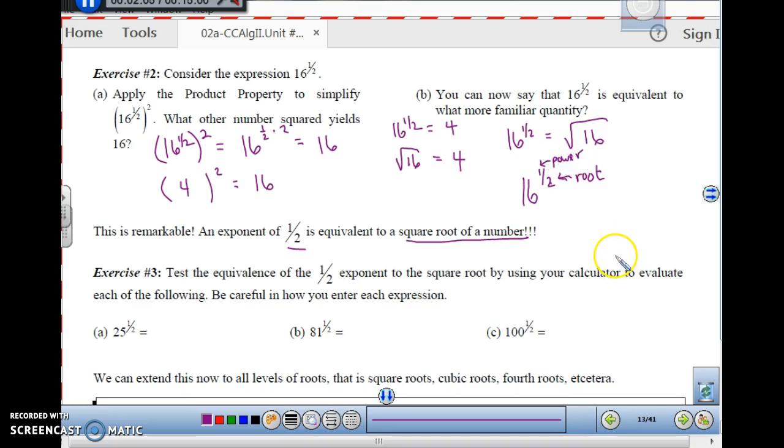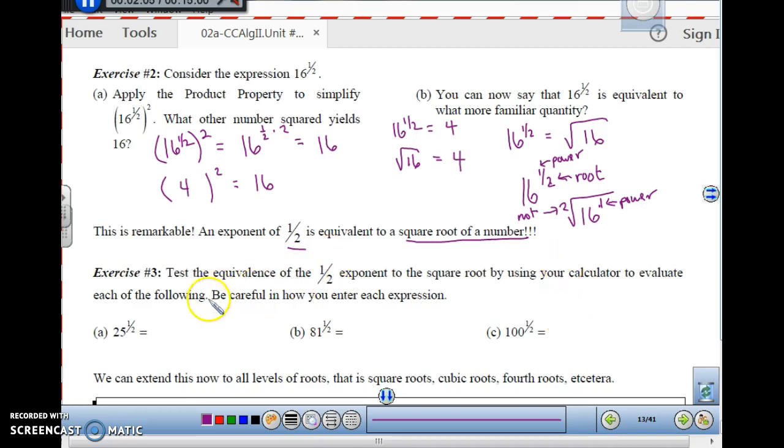So when you see 16 to the 1/2 power, it is 16 to the first power with the square root. So this is the power, and this is the root. With a square root, we don't usually write the 2 there. It's usually assumed. So we know that.